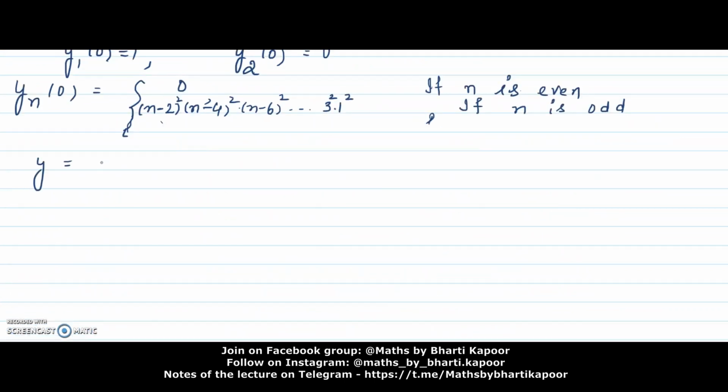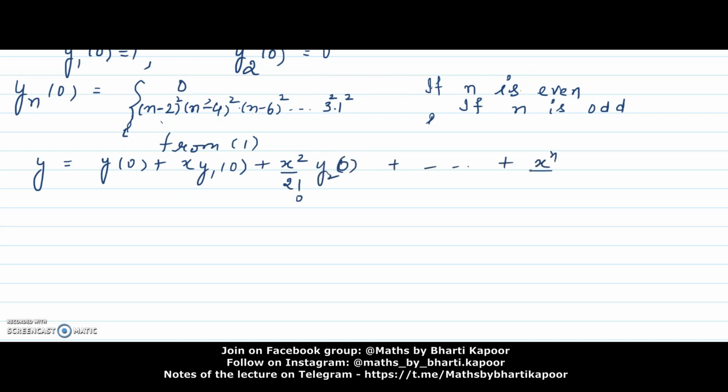So y is equal to y(0) plus x y1(0) plus x square upon 2 factorial y2(0) and so on, x^n upon n factorial yn(0) and so on.